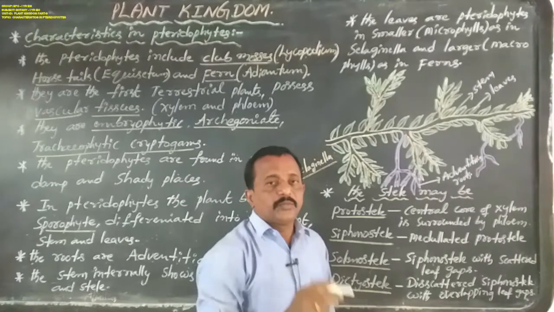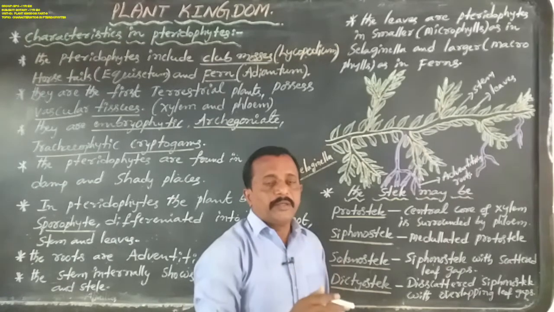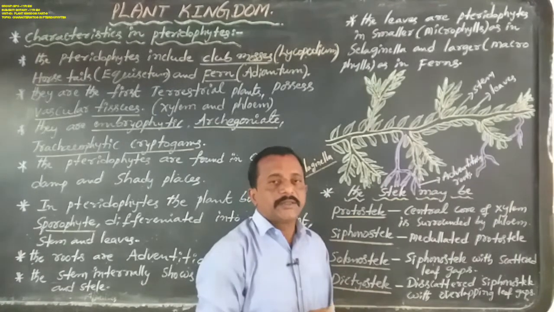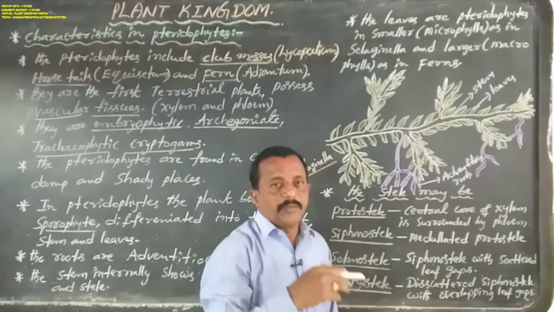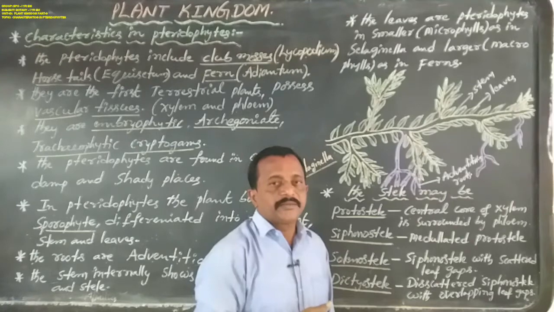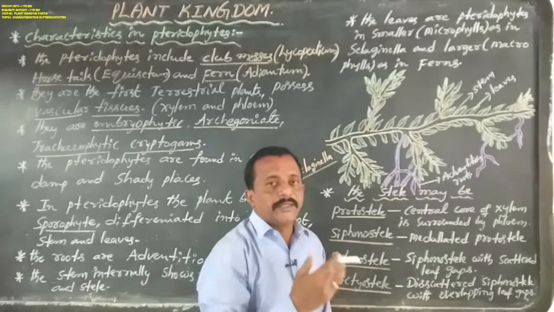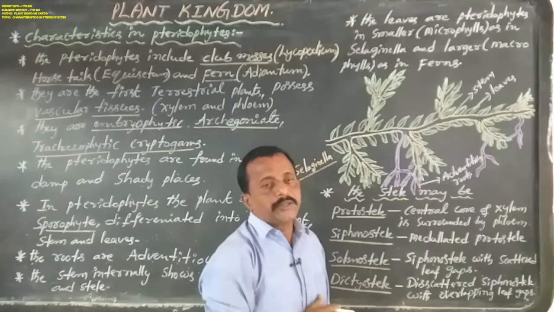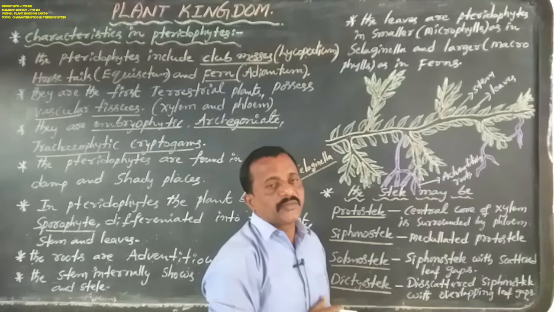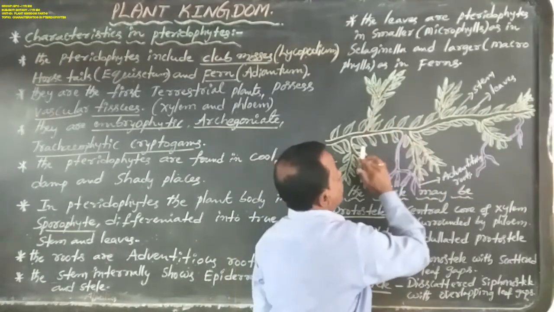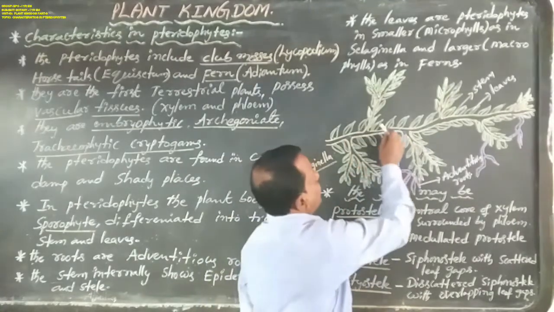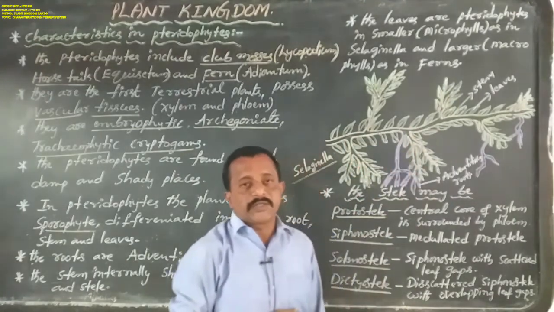In most higher plants the plant body grows upright, straight and elongated. But in pteridophytes, in some Selaginella and Lycopodium the plant body grows prostrate, and the stem is differentiated into several branches, each branch containing small leaves.